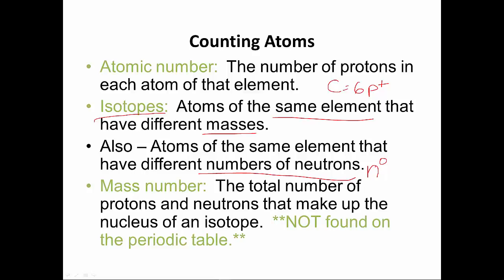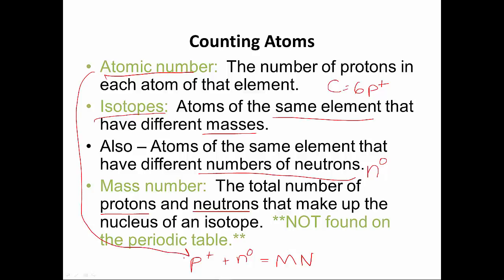The mass number is the total number of protons and neutrons added up for the nucleus of that isotope. So we would take protons plus neutrons, and this would equal the mass number. And remember that your atomic number is also the same as your protons.